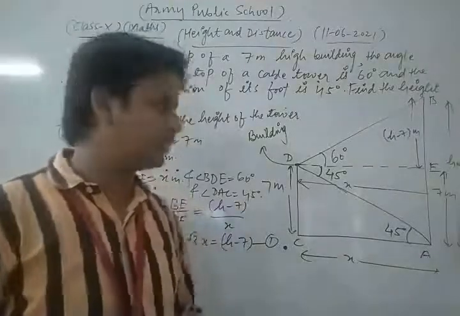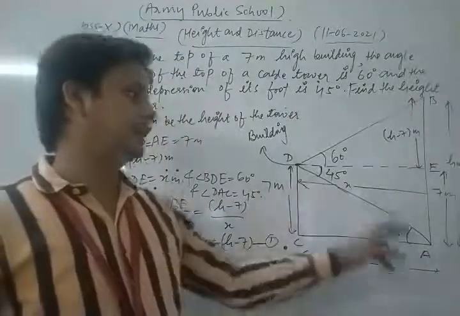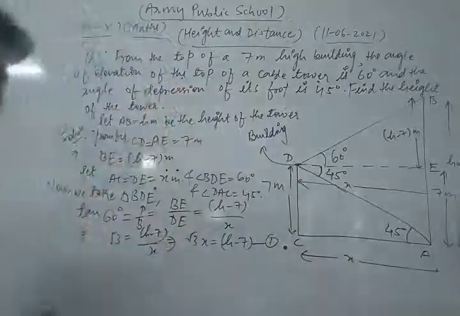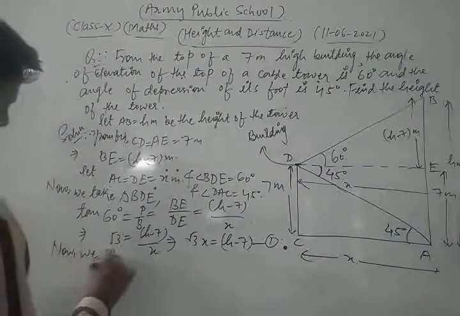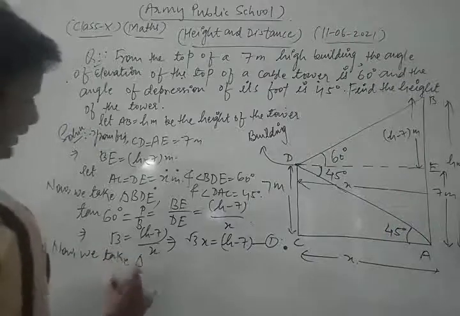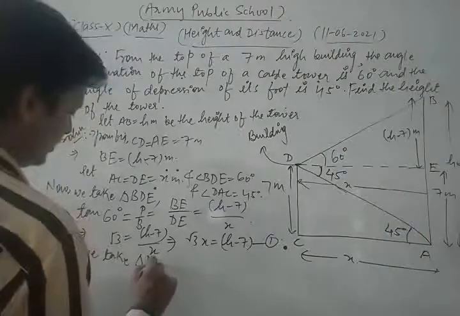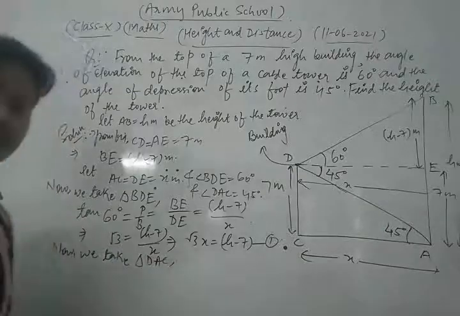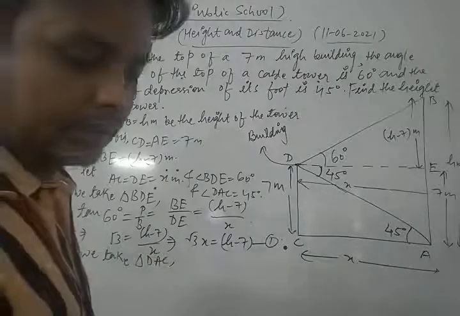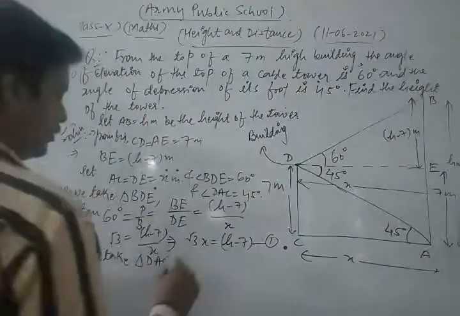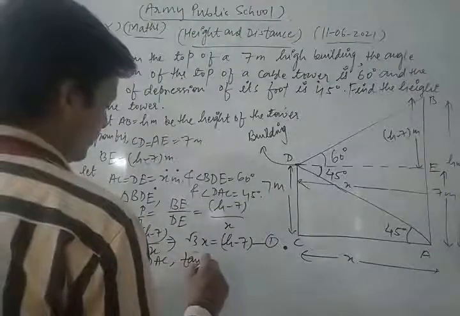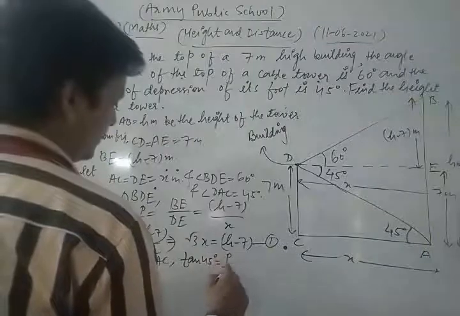Now similarly, dear students, we take triangle DAC. So in triangle DAC, again we apply the tangent rule because this is the perpendicular, this is the base. So tan 45 is perpendicular upon base.